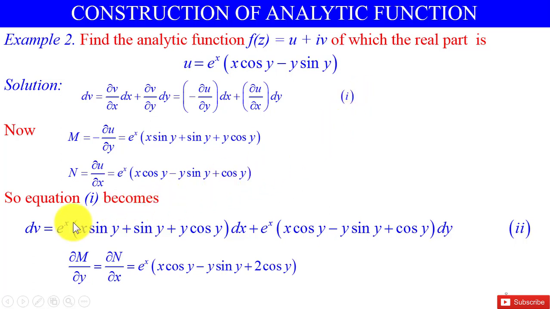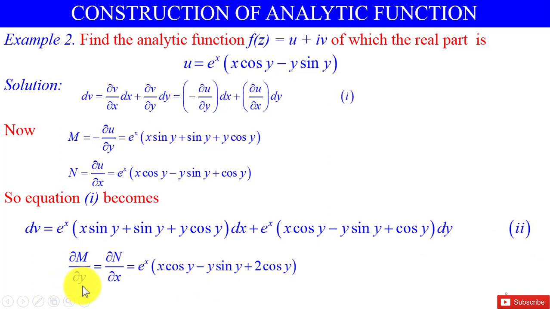So, equation 1 becomes dv = e^x (x sin y + sin y + y cos y) dx + e^x (x cos y - y sin y + cos y) dy. This is equation number 2.